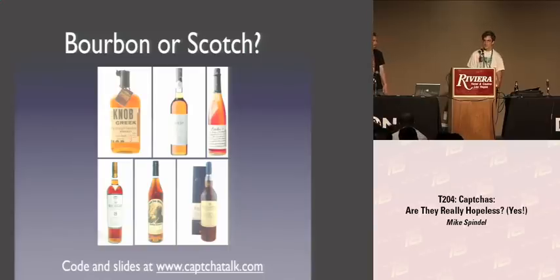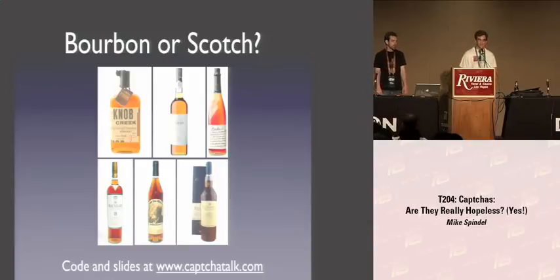So, for example, in a hypothetical Bourbon or Scotch classifier, we might try to add randomness to the image or change the background behind the liquor bottle, or add some distortion, change the shading, something like that. There's a lot of approaches that you can take to try to reduce the attack surface of a database-backed cultural CAPTCHA like that.